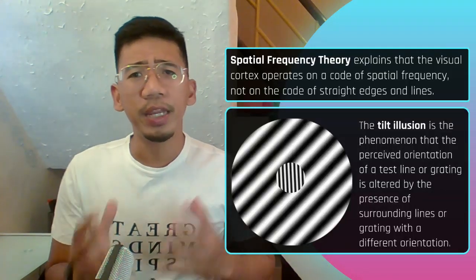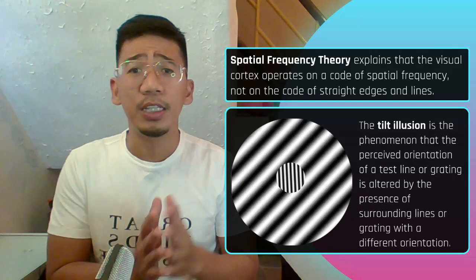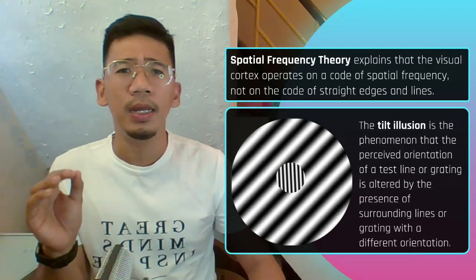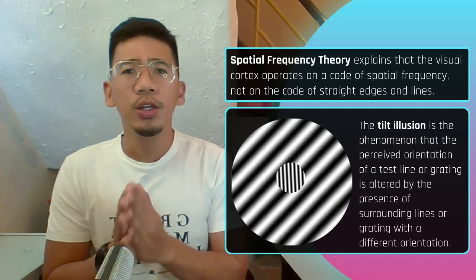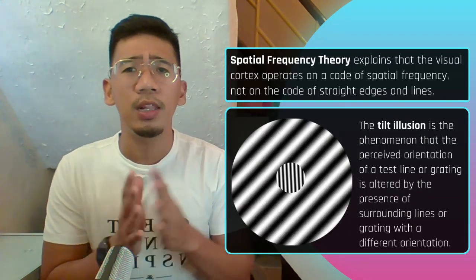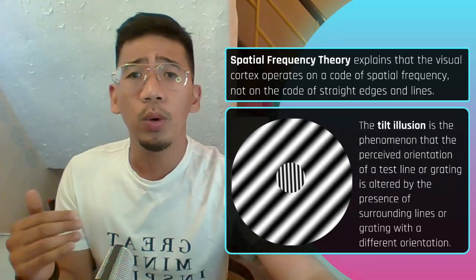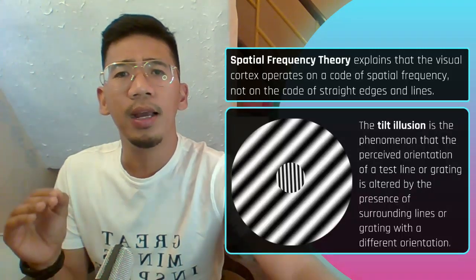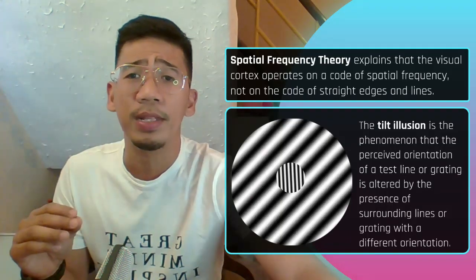Now, the whole world can be broken down into different spatial frequency information. If you look at a pretty meadow, you're looking at mostly low spatial frequencies. When looking at the grasses in the meadow, you're looking at higher spatial frequencies.